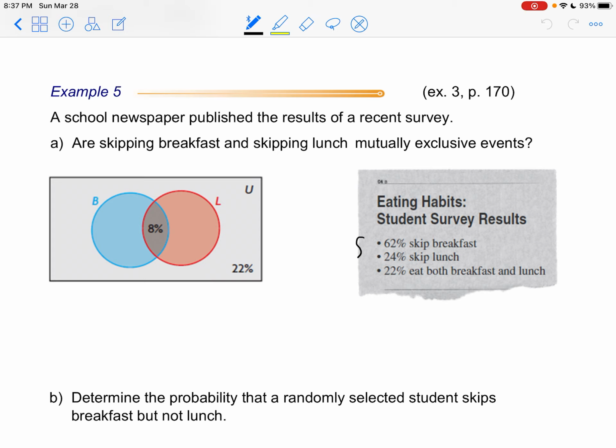Let's sum up our probabilities here. And you get a total of 108%. So there's an overlap there. The overlap is 8%. So they are not mutually exclusive, right?